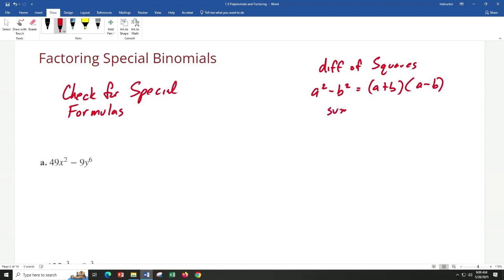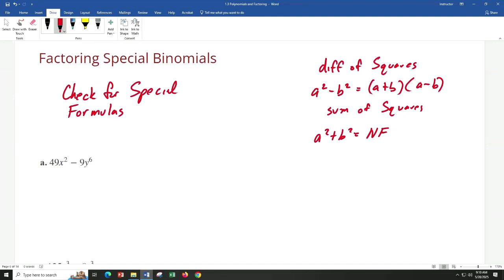You also have a sum of squares. Which if we're going to call this factoring, now hear me out. Factoring, not solving, factoring a sum of squares. Does anybody remember what that factors into? Exactly, it's not factorable. It is solvable, but it's not factorable.